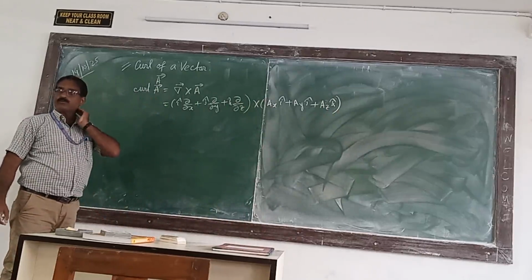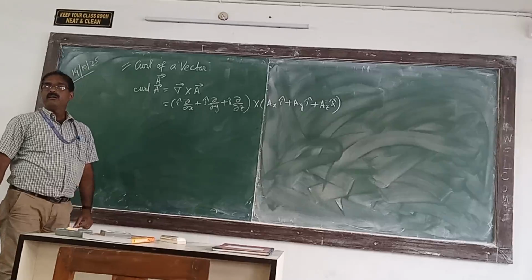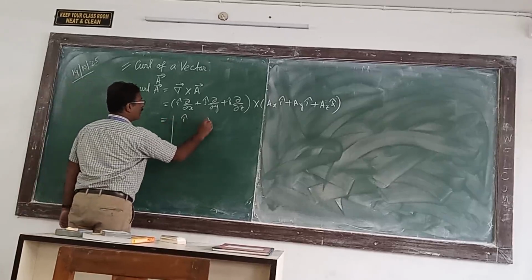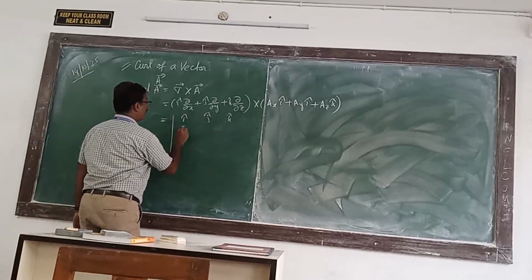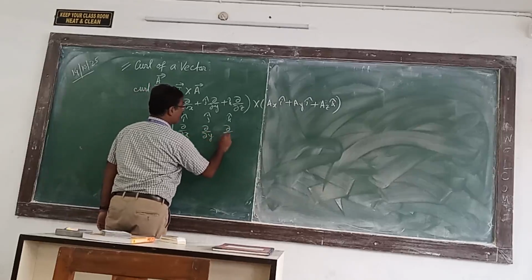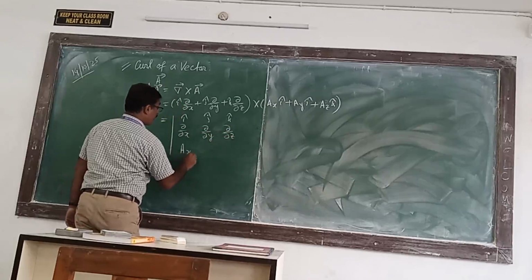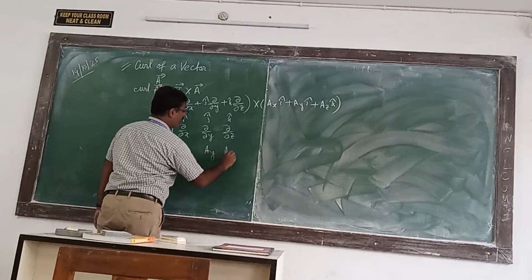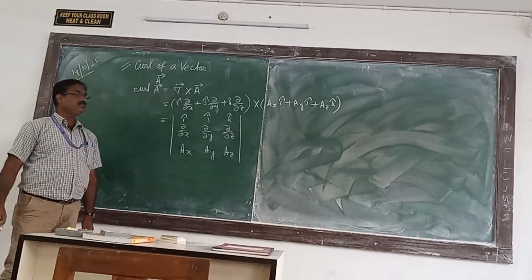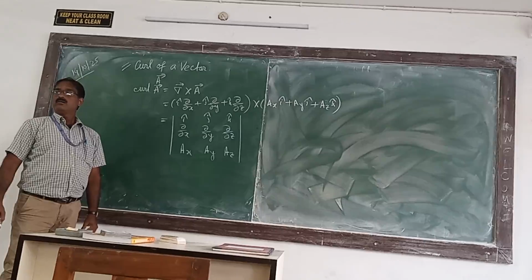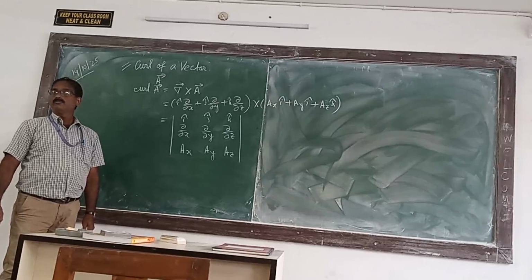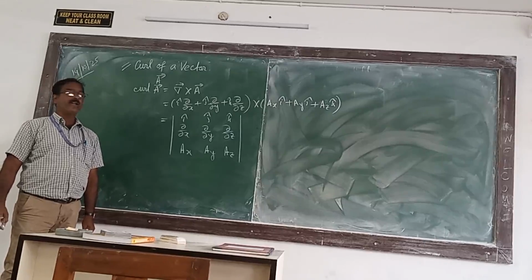So how do we find the cross product? By determinant. So this is equal to the determinant with rows i cap, j cap, k cap; del/del x, del/del y, del/del z; Ax, Ay, Az. Now find the determinant.